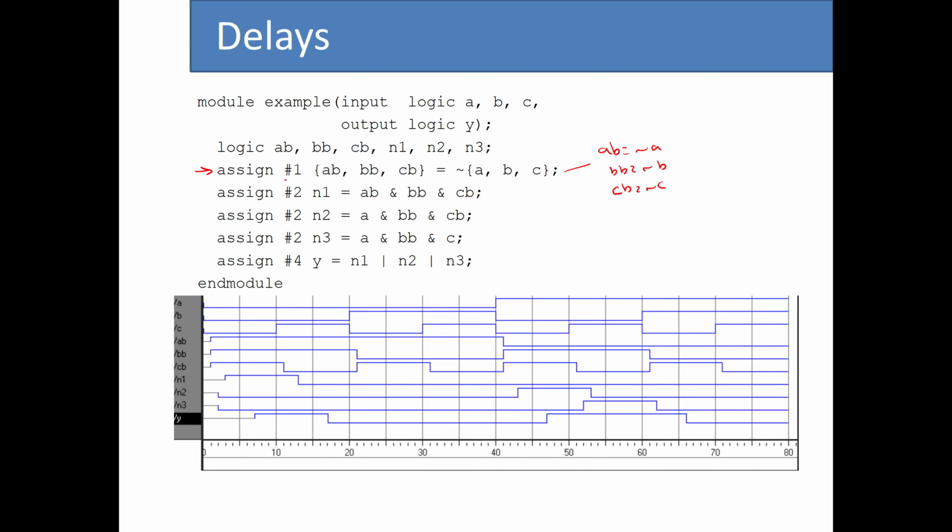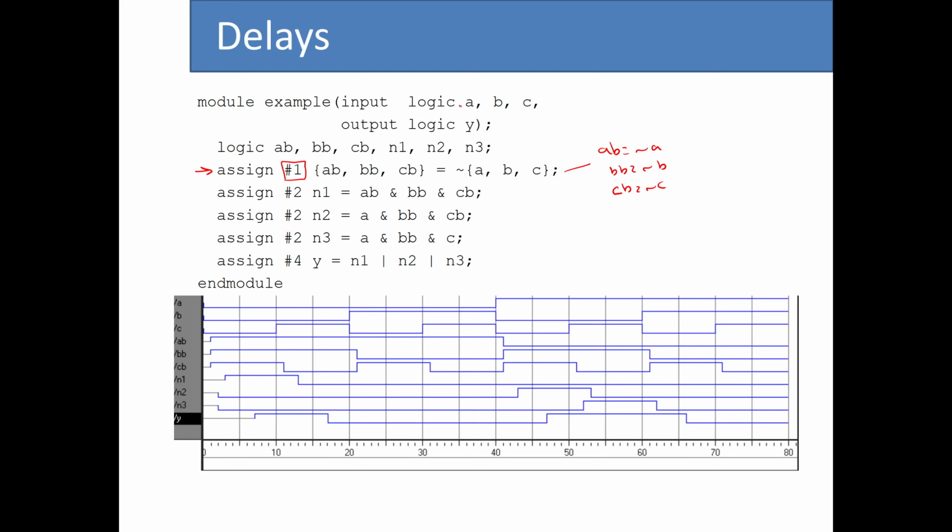But this #1 tells that this process is done with 1 unit of delay, right? So this unit of delay can be anything, right? It can be 1 picosecond or 1 nanosecond, but the important thing is that it is 1 unit of delay.